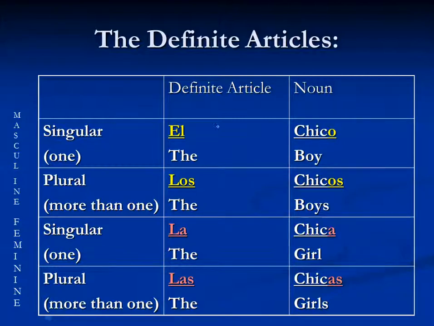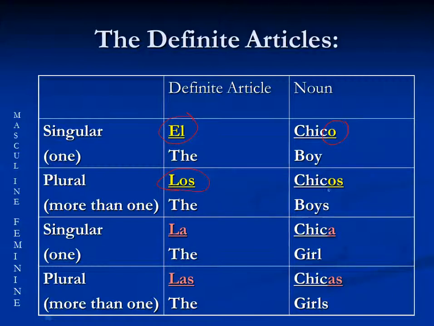So just to review here, we got singular nouns, singular articles, which is el. So we have el chico. Then to indicate that it's masculine, the chico part is going to be ending in o. For plural, we got los.